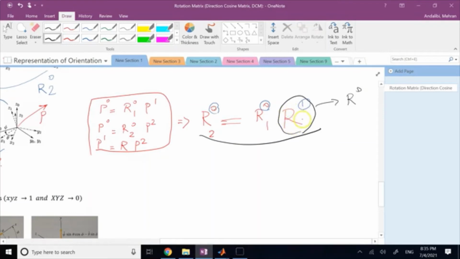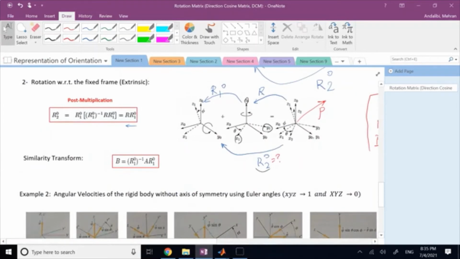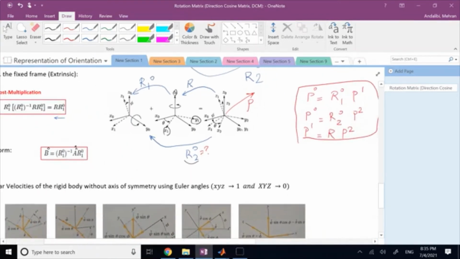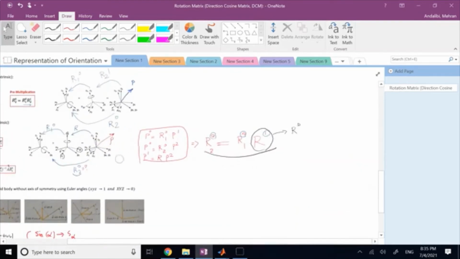And how can I do that? Remember, this is a matrix, and that's where I use my similarity transform. I have something in frame 1. I want to go to something in frame 0. I use this relation, right? This R that I called R here is in frame 1. I want to take it to frame 0. How? So this is equal to R10 inverse times R10.